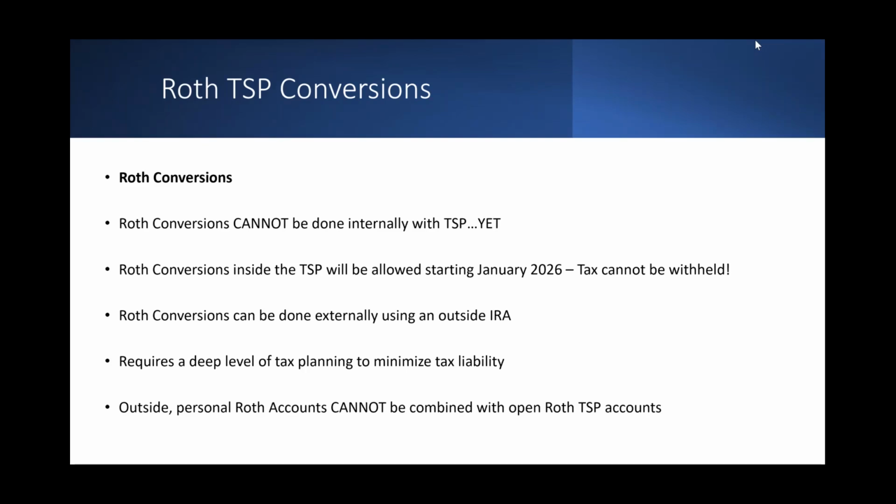And let's just pretend for conversation's sake, you should have withheld 20% for taxes, right? So that means that you should have withheld $20,000 in taxes. Well, unfortunately, inside TSP, doing a Roth conversion, they're not going to allow you to withhold the tax. So that means that that $20,000 is going to have to be paid out of pocket.